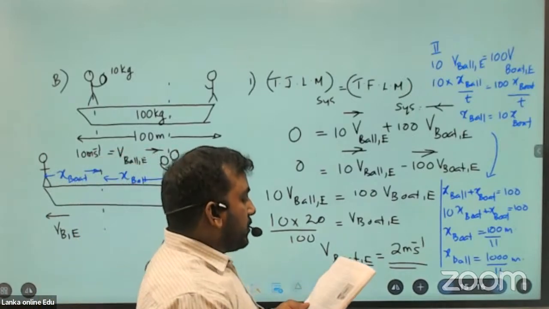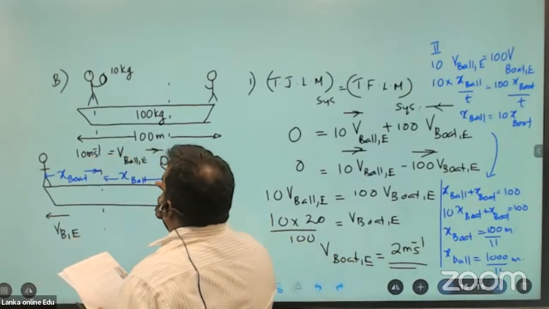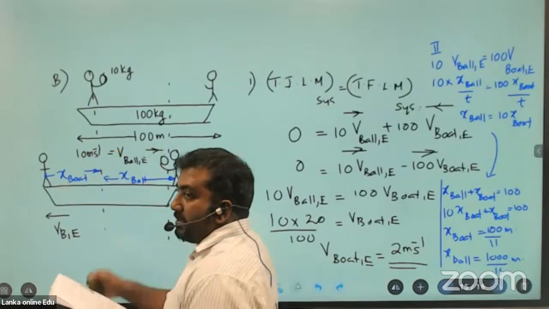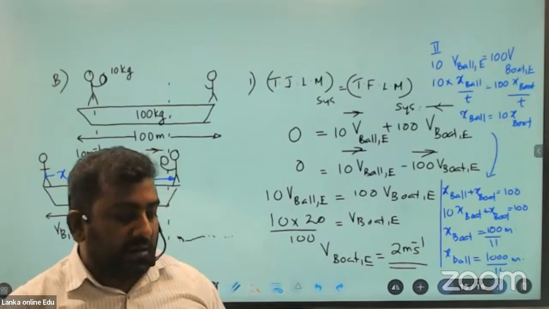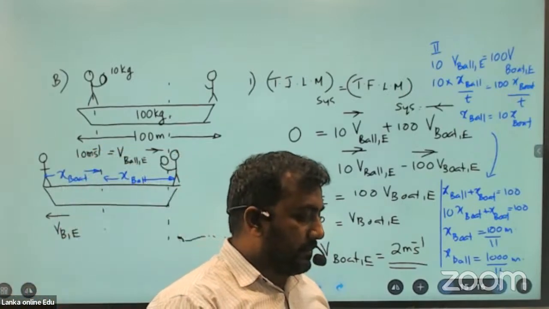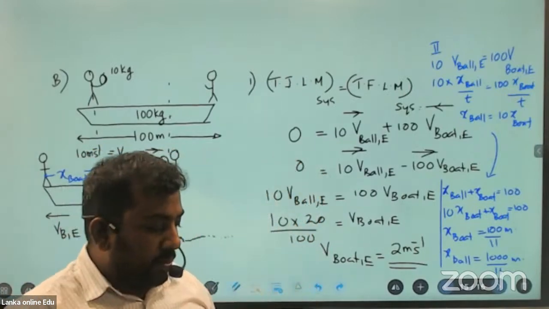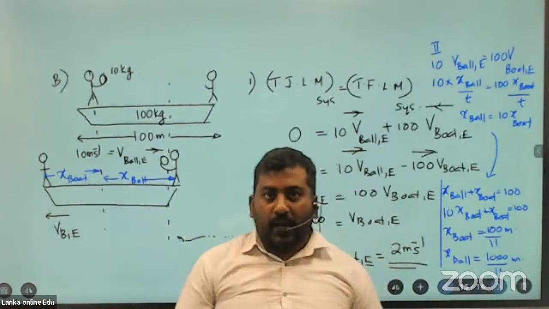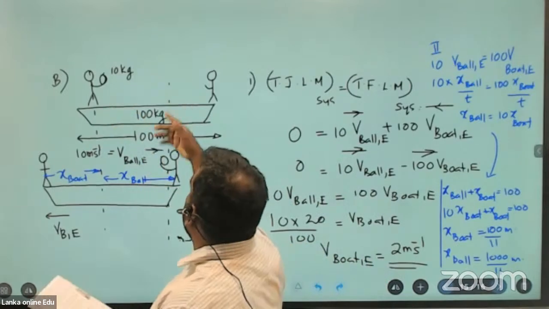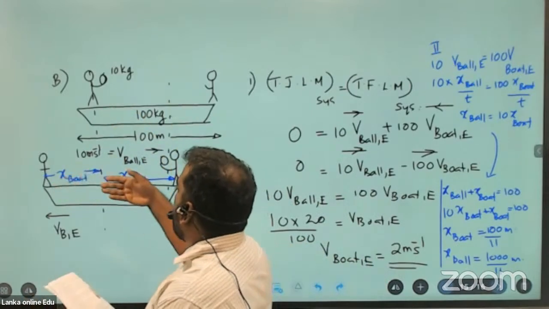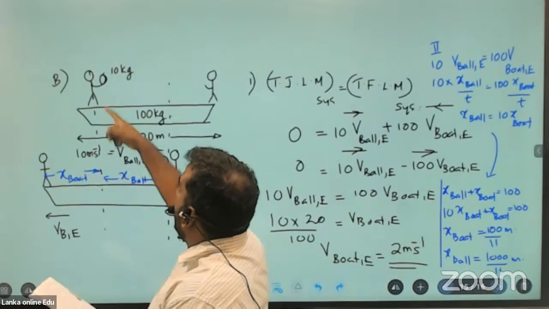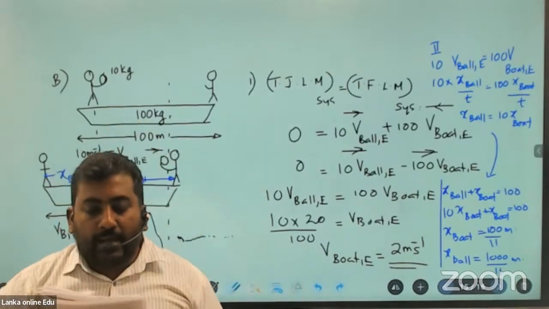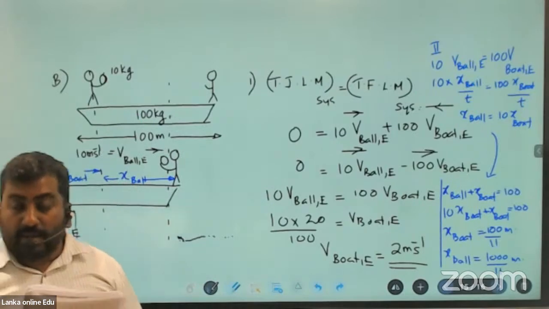When the second child throws the ball forward, the boat will travel backwards the same distance. Understood, no? Therefore, the displacement of the first child will be 0.